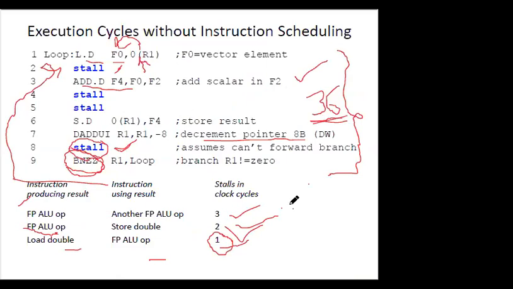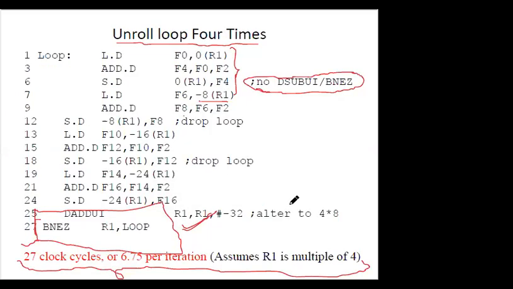But if we do loop unrolling, instead of executing this instruction every time, we can reduce this part by just skipping it and repeating the loop again and again with the stalls involved.